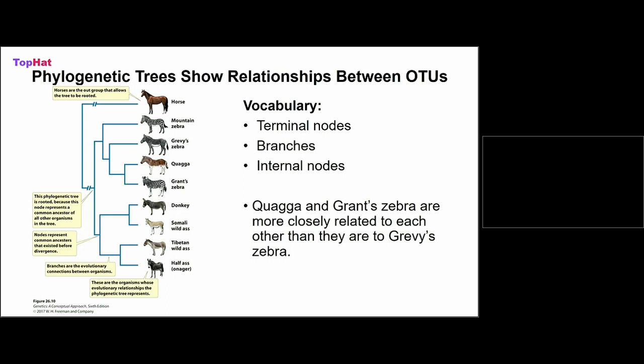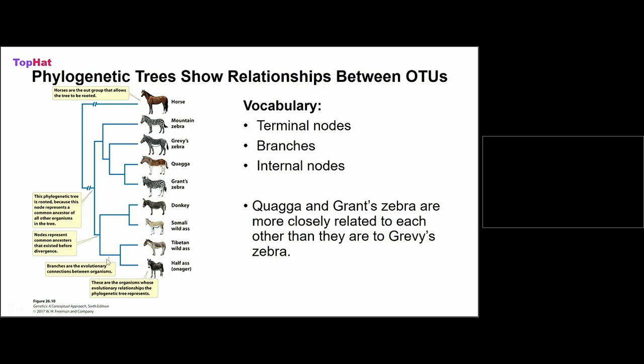These horizontal lines are indicating relative evolutionary time, okay? So this here is a much shorter line than this one here, meaning that these two had a common ancestor more recently than these two.